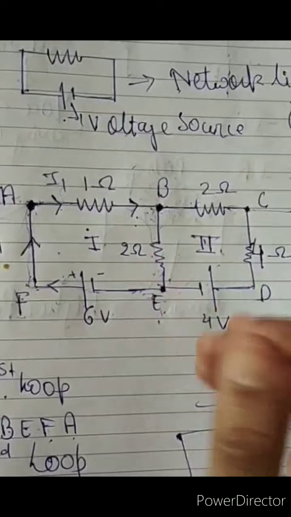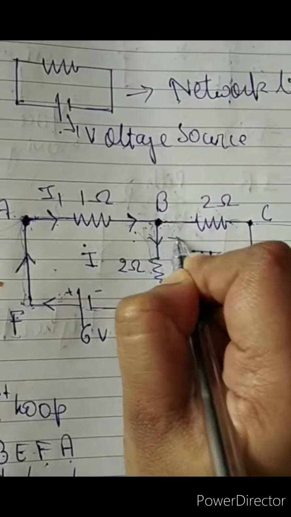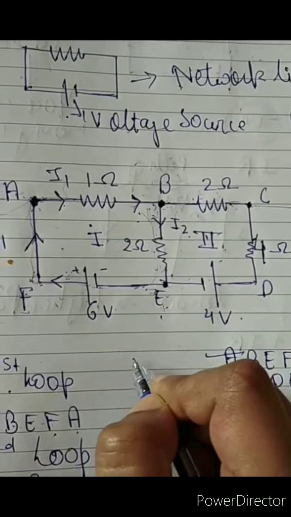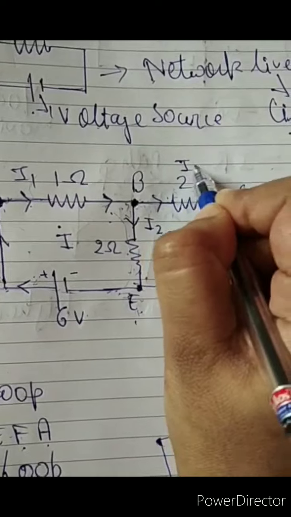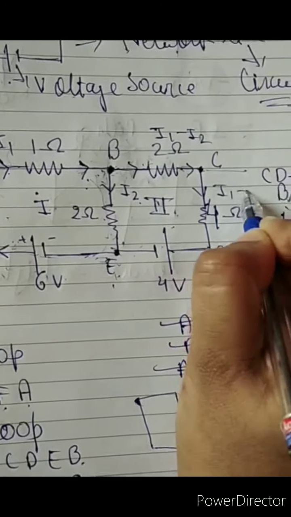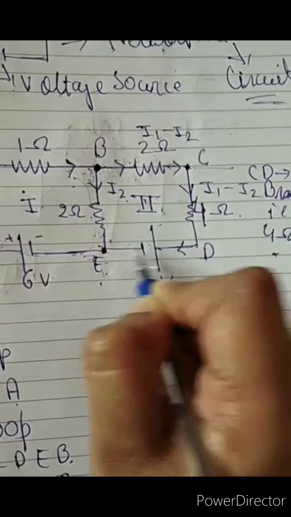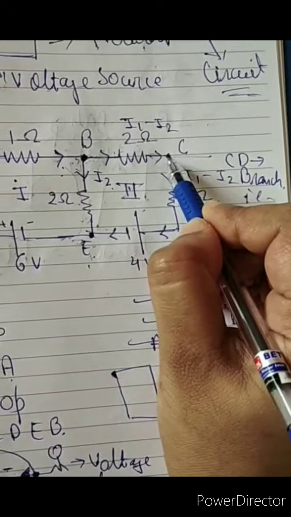Let's divide this I1. Let's say I2 is going here, and the remaining current is I1 minus I2, which is going in this branch. At C, current will not bifurcate.